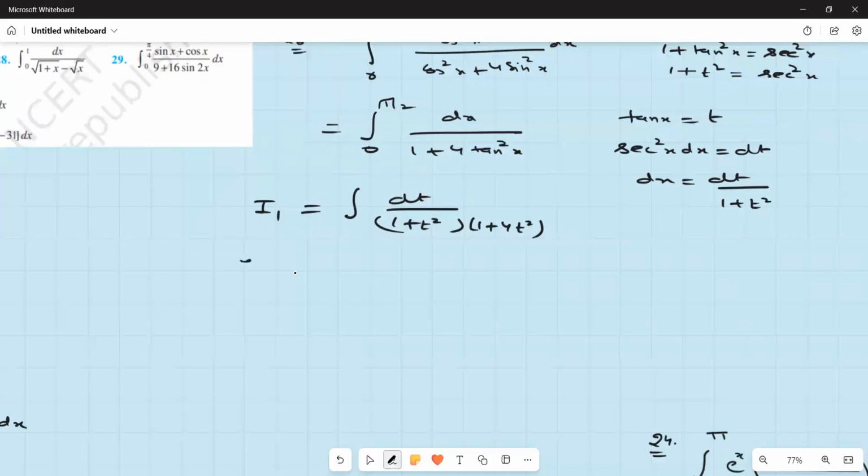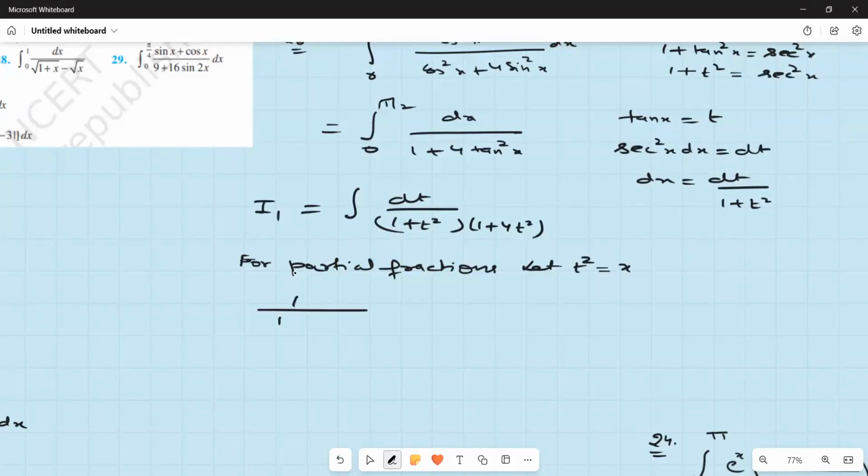For partial fraction, let t square is equal to u. So I am getting 1 upon 1 plus u, 1 plus 4u, that is equal to a upon 1 plus u plus b upon 1 plus 4u.